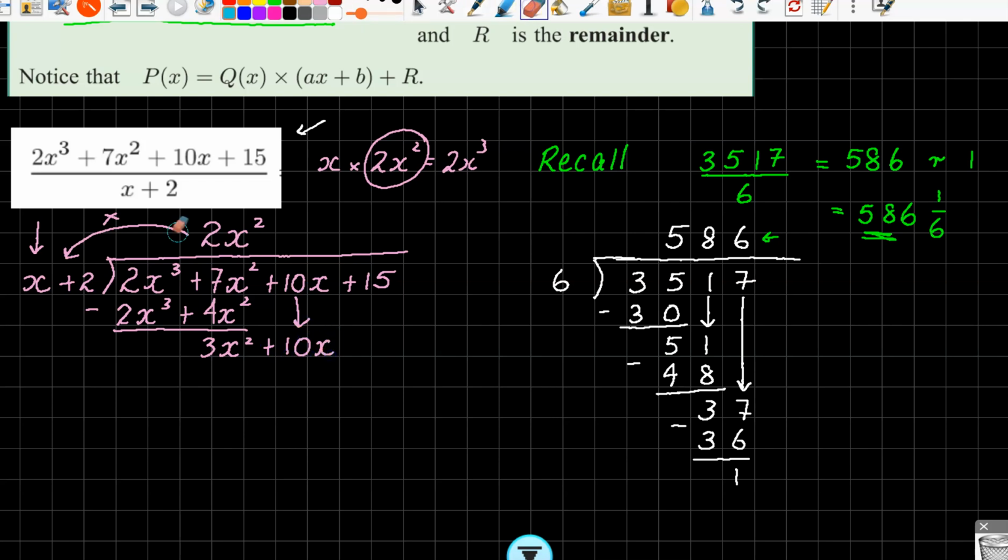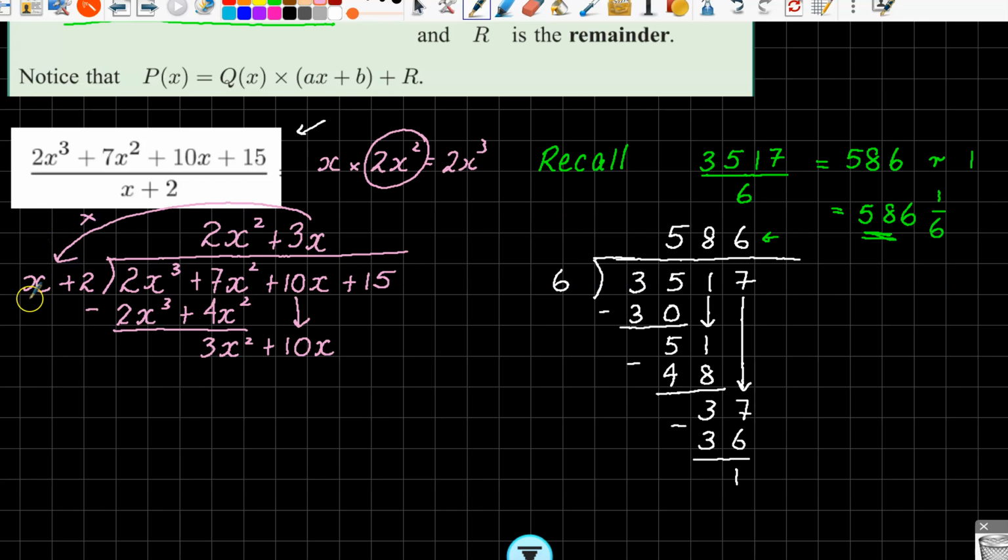Okay, now we're going to repeat what we did before. We're going to look at our x and we're going to ask ourselves, x times what gives me 3x squared? Well, clearly x times 3x. So we'll pop the 3x up here. x times 3x gives me 3x squared, and now I have to multiply all of this by 3x squared.